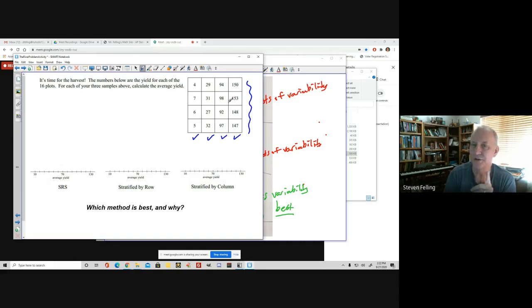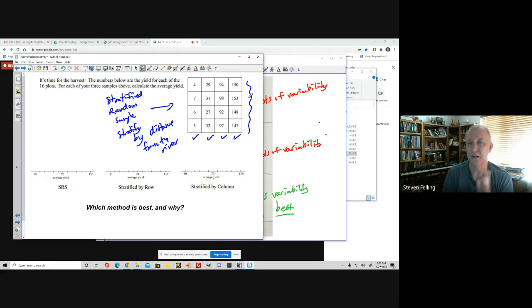And that's why stratifying, this would be called stratifying, or stratified random sample. That's the name of this, stratified random sample. But we're going to stratify by distance from the river.